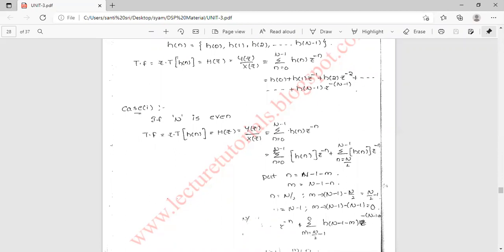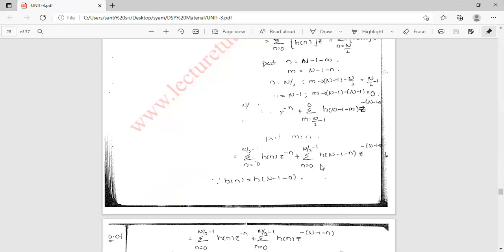Okay. So it will become sigma n equal to 0 to N by 2 minus 1 h of n into z power minus n plus sigma m equal to N by 2 minus 1 to 0 of h of N minus 1 minus m into z power minus of N minus 1 minus m.